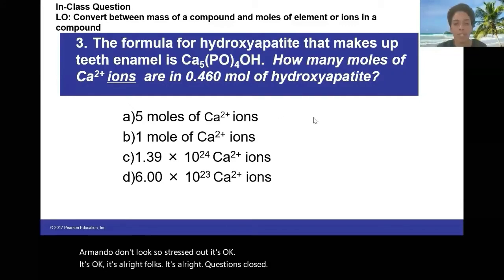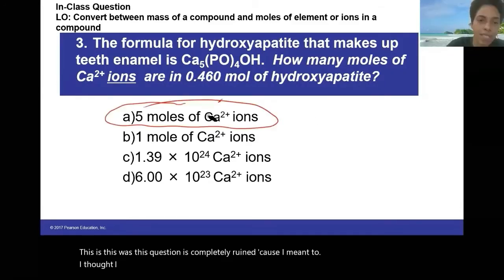Let us see what the answer to this one is. It's not A. Wait. All right, let's work this one out.